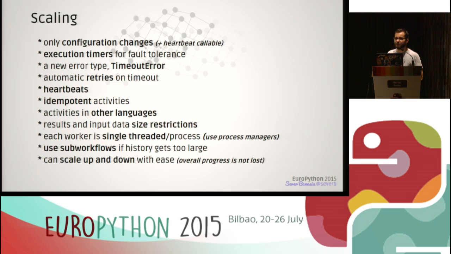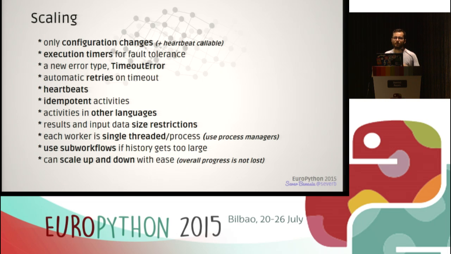And the decisions must use the workflow execution history and the workflow state to make decisions. And if the history gets too large, and actually the data that is transferred because of the history has an exponential growth, you can reduce that by using sub-workflows.